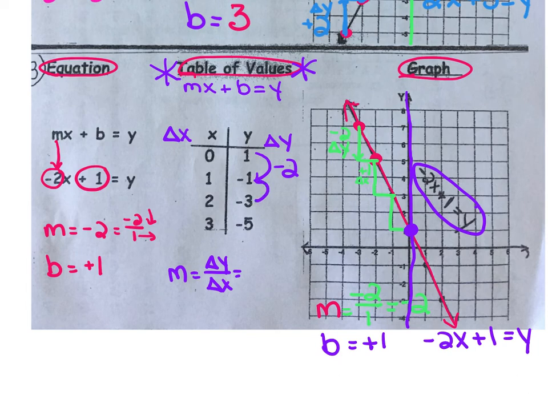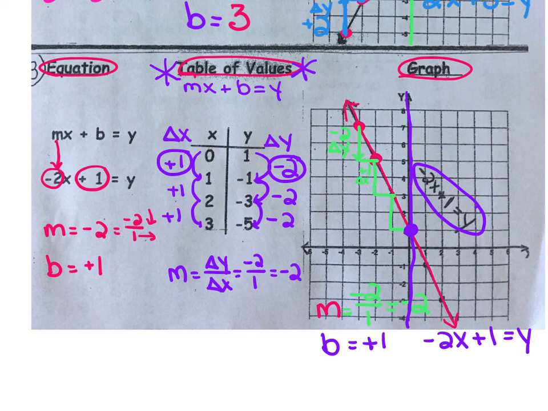From negative 1 to negative 3, that's a loss of 2. And from negative 3 to negative 5, again, a loss of 2. For delta x, it's an increase of 1 from 0 to 1, again an increase of 1, and again an increase of 1. So our slope is negative 2 over 1, which of course is negative 2.